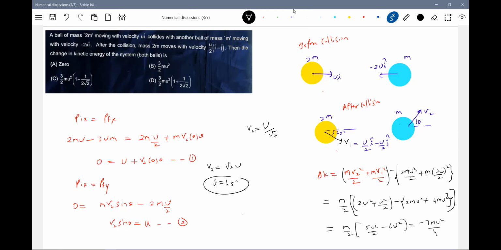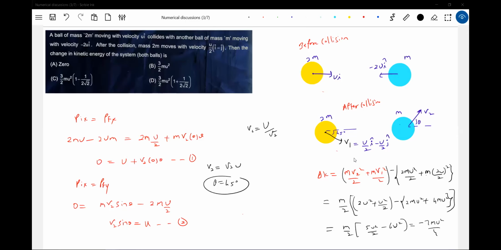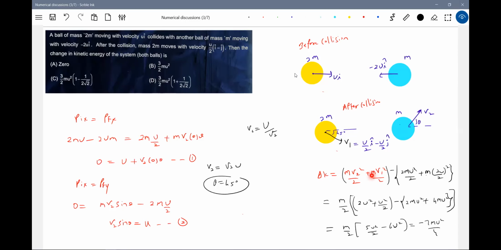None of the options are coming. Check my calculations. Is this okay? V2 is root 2 u. 2mv1 square. Oh, the mass. There is the mass of this one.